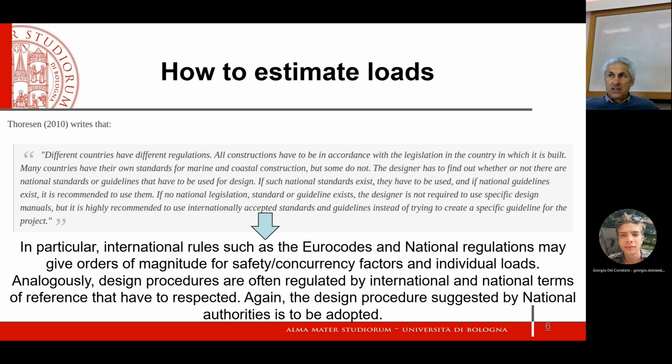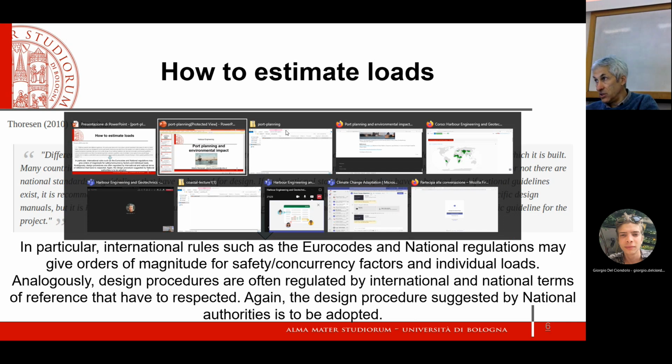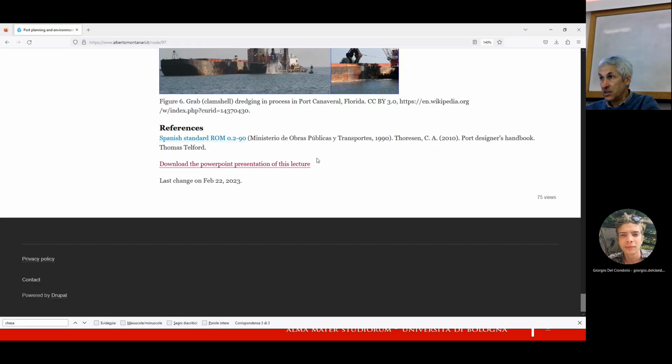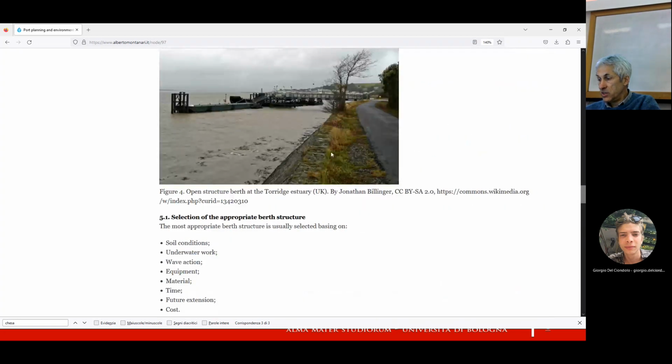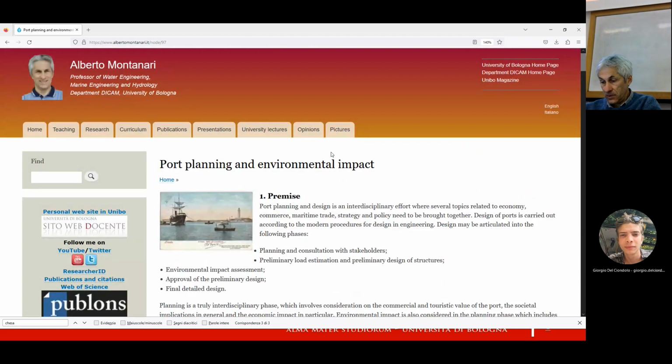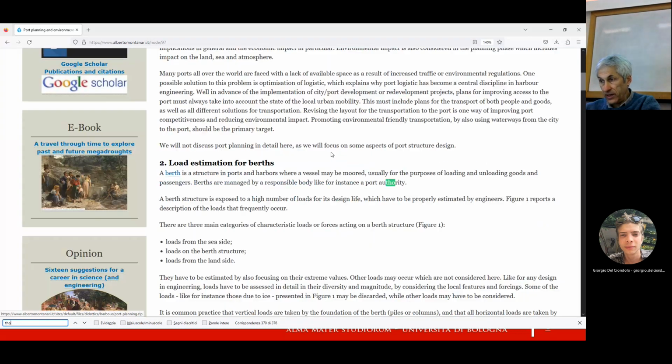So let me just read this quote from Thoresen. I want to show you this reference because it is extremely interesting. So let me see, where is it? Available online.